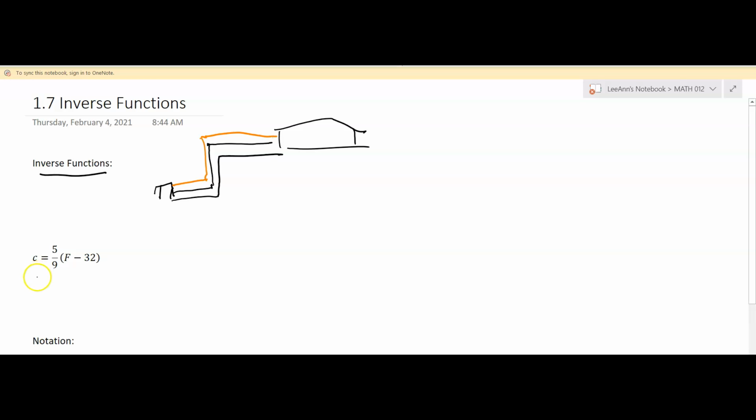They give an example in the book with a formula. This is not the example in the book. Now this is the formula, that should be a capital C. It's converting from Fahrenheit to Celsius. Say it's 70 degrees out Fahrenheit, and you want to figure out what that is in Celsius. Well, you can put the 70 in, okay? So you would have C equals 5/9 times 70 minus 32.